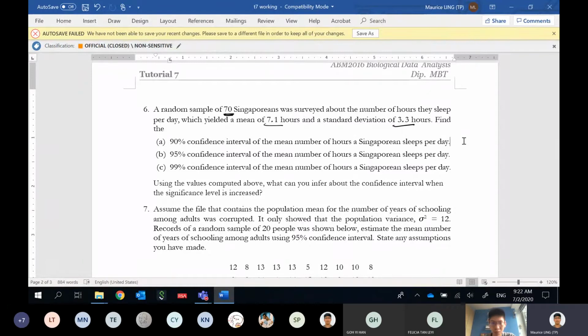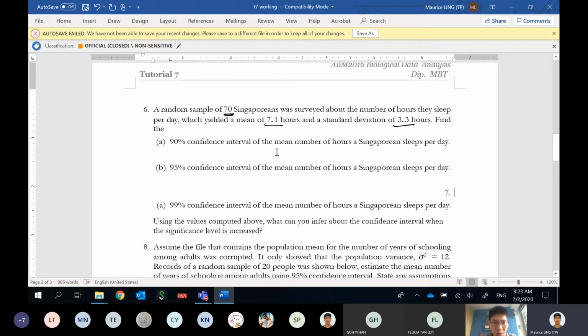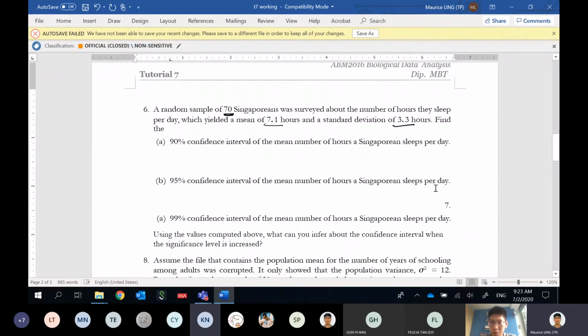Let's see whether you have your answer. Konara, why don't you give us at least the first one? Mu is greater than 6.45 and less than 7.75.